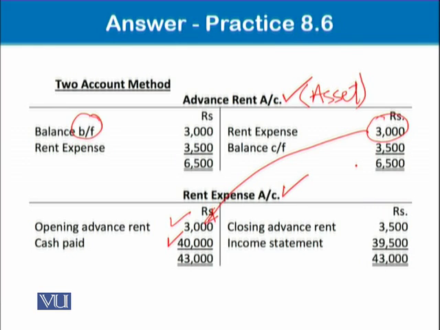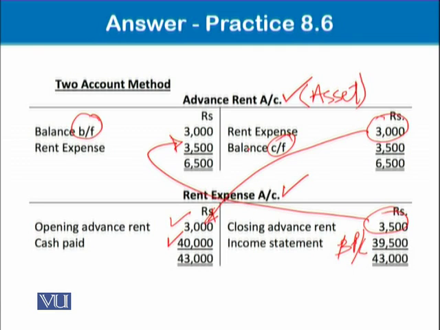We will take it out from here, so the closing rent advance is put on the debit side, 3,500. The balancing figure of the rent expense account will go to the profit and loss account, and this balance will be carried forward to the next period.